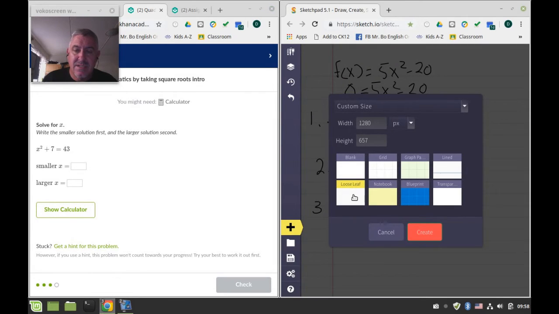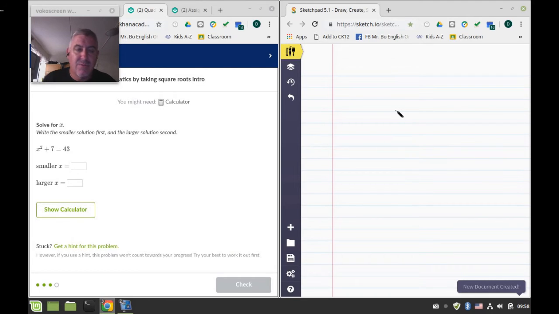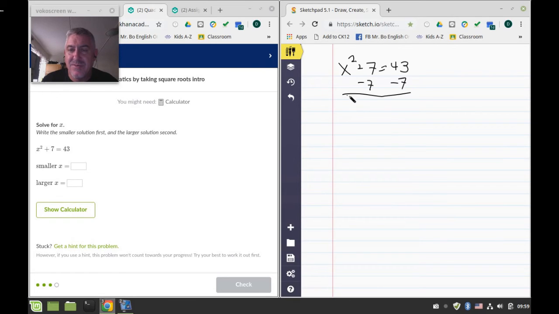All right, so our next and last problem, solve for x. This is not in function notation. x squared plus 7 equals 43. So I'm going to subtract 7 from both sides. That's our step 1. x squared is equal to 36.